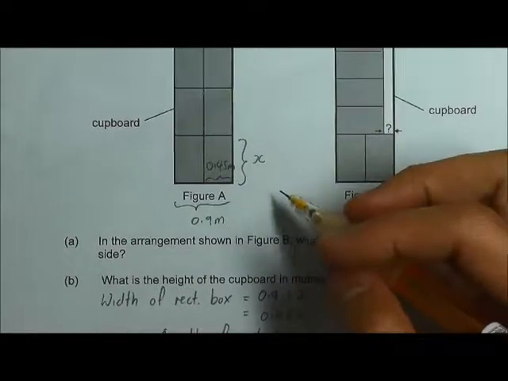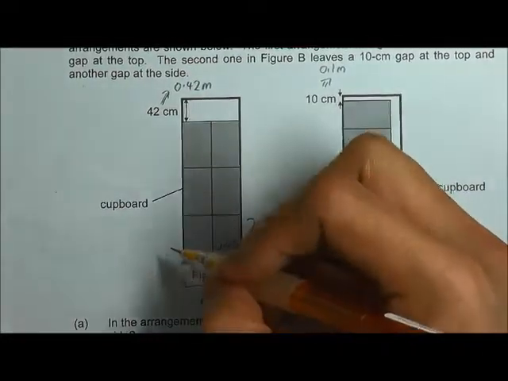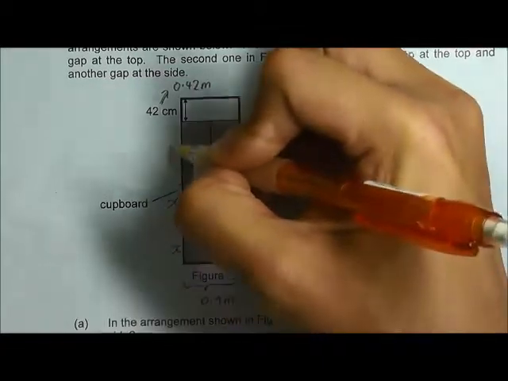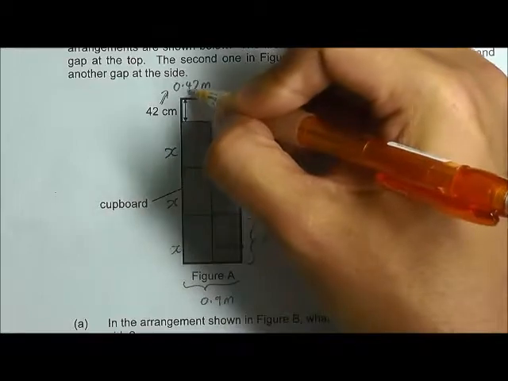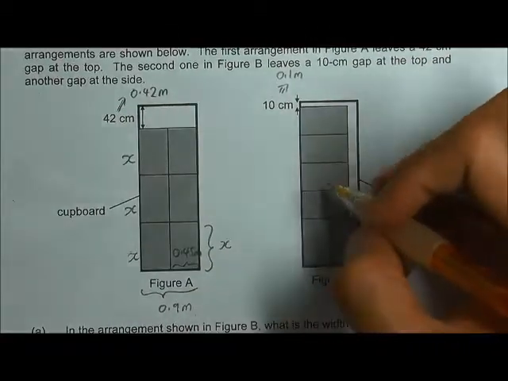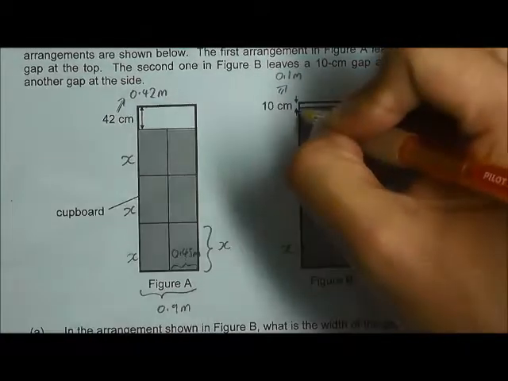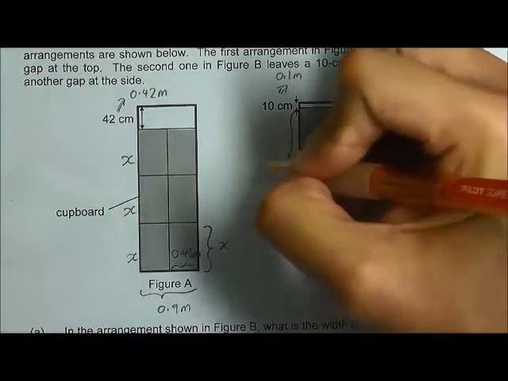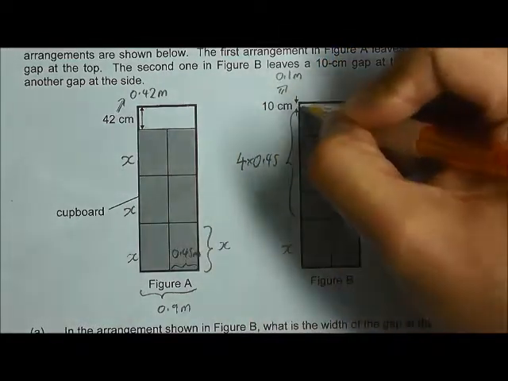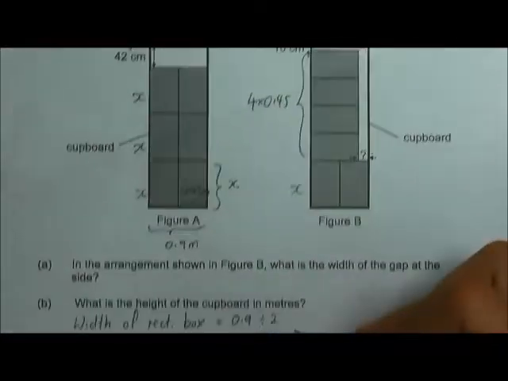If we look at the height of the cupboard, this height here will be x plus x plus x plus 0.42. And for this side, the height should be x plus 4 times the width, which is 4 times 0.45, plus 0.1 meter here. So with this, we can form an equation.